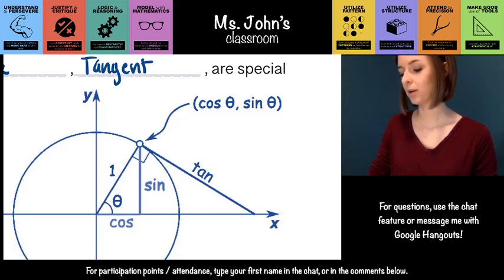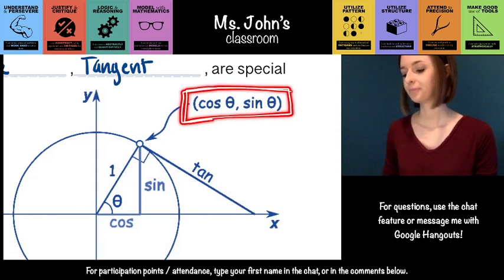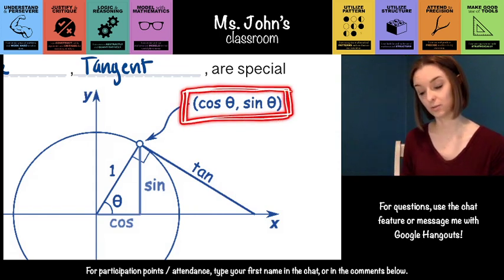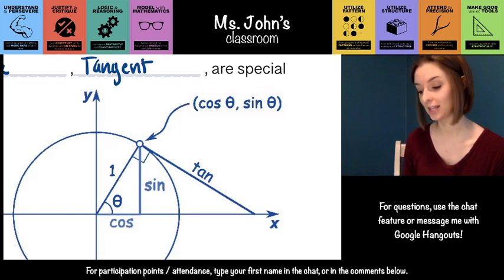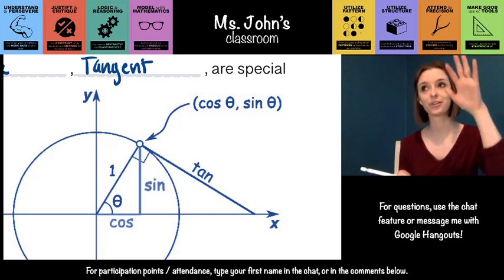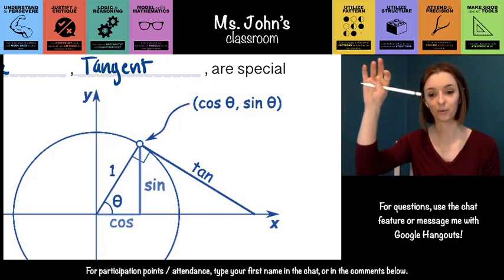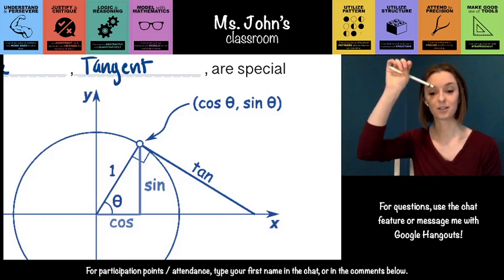But there are these coordinates that say cosine theta, sine theta, which is what we're now going to deal with. So we're saying that horizontal and vertical distance are giving us the coordinates of that point where that triangle hits the circle.